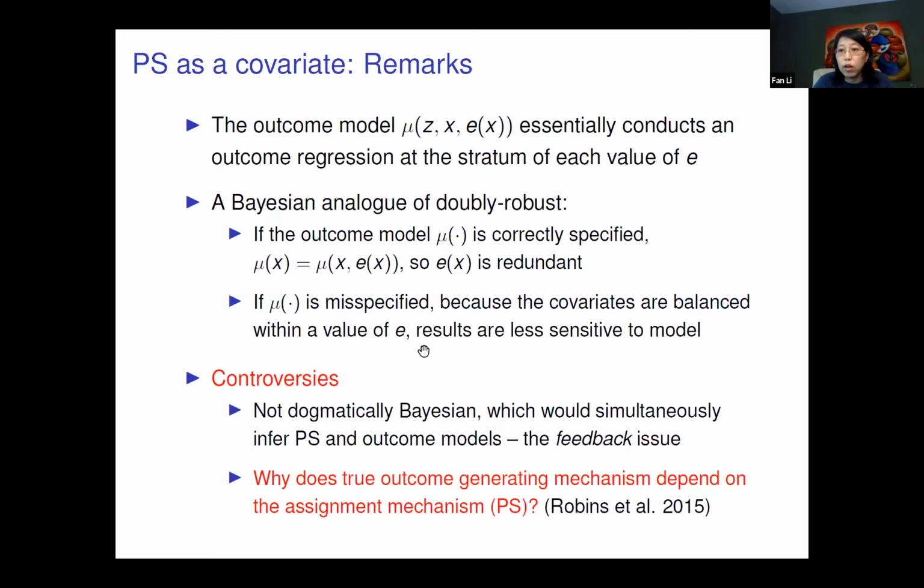Again, this is just an analog, not a proof, but adding the propensity score as an additional covariate in this setting is a kind of Bayesian analog of double robustness.